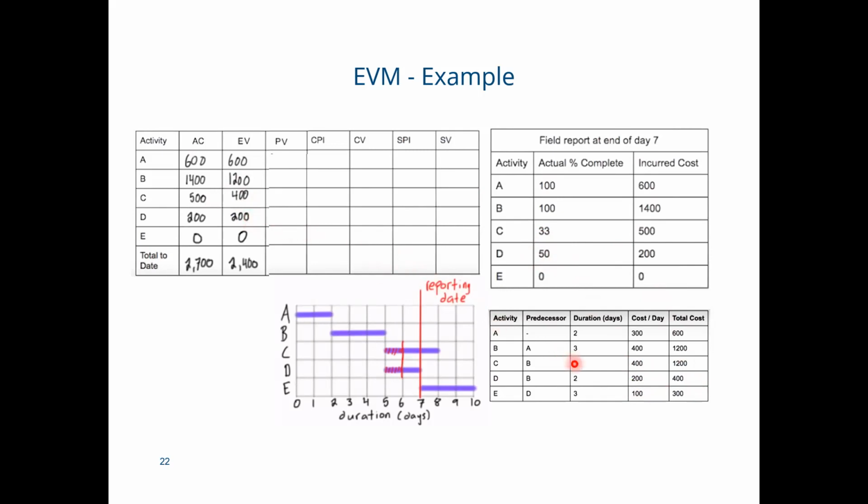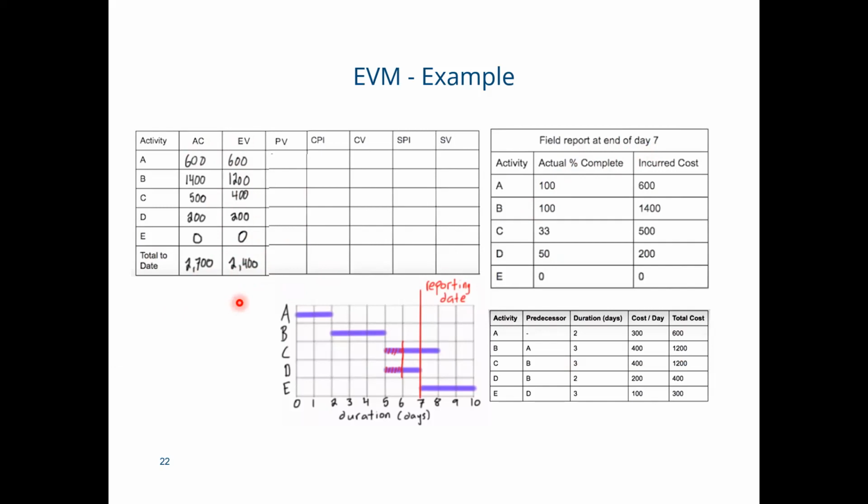For activity E, the earned value at this point is 0 because we haven't started it yet. When we total this column, the total earned value till the end of day 7 is 2400.